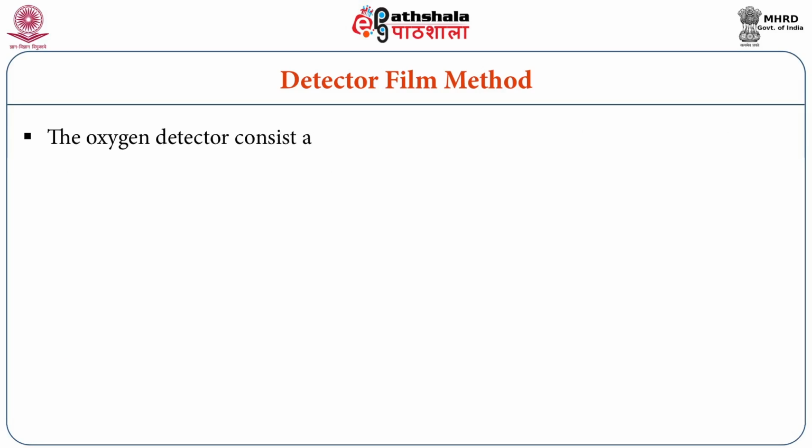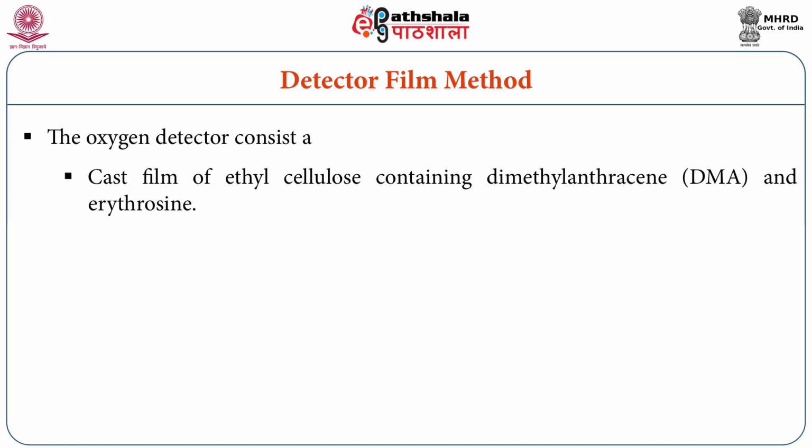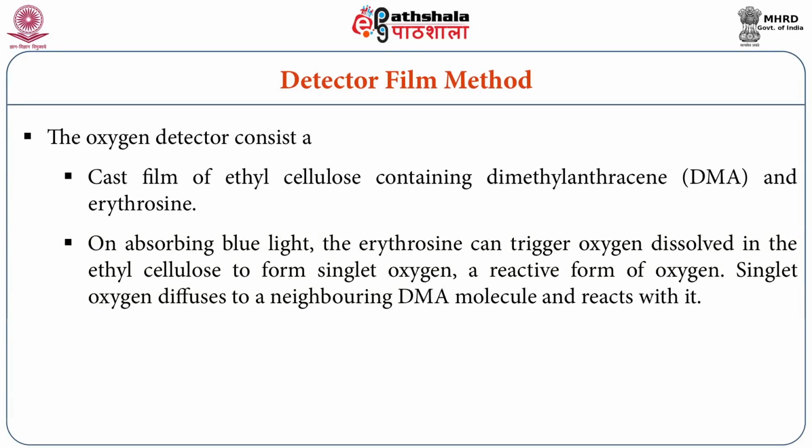The oxygen detector consists of a cast film of ethyl cellulose containing dimethyl anthracene (DMA) and erythrosine. On absorbing blue light, the erythrosine can trigger oxygen dissolved in the ethyl cellulose to form singlet oxygen, a reactive form of oxygen.